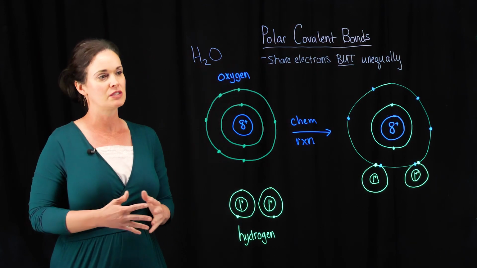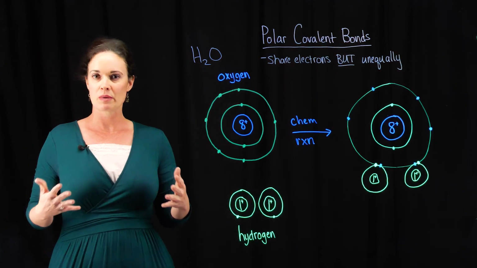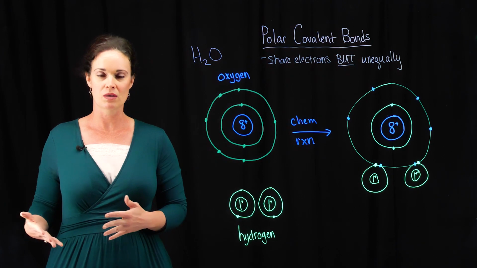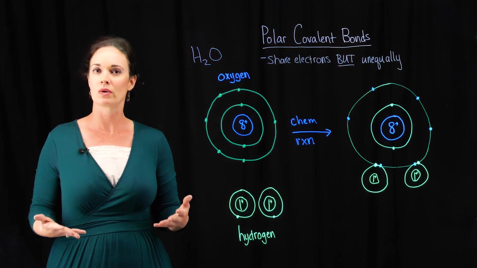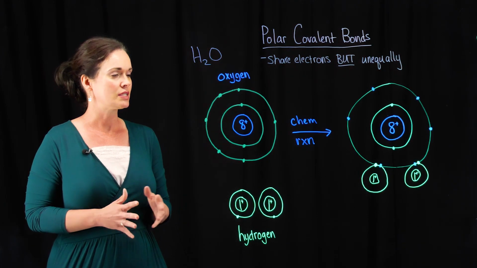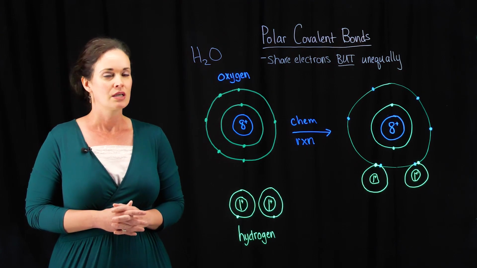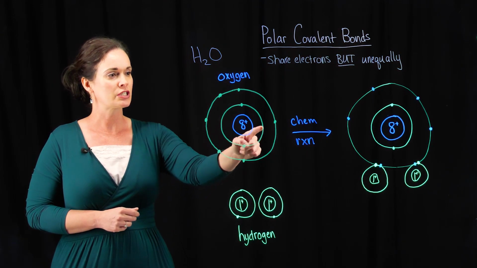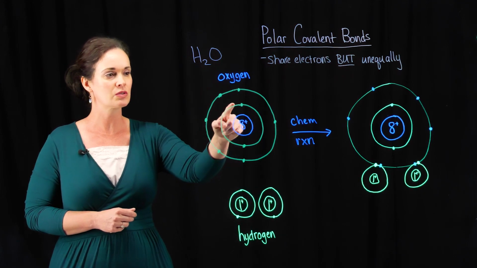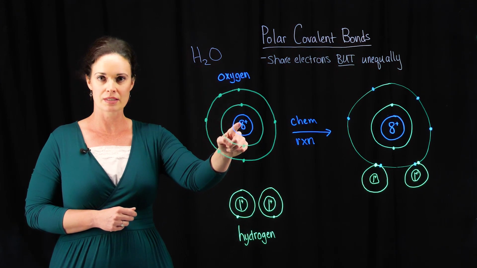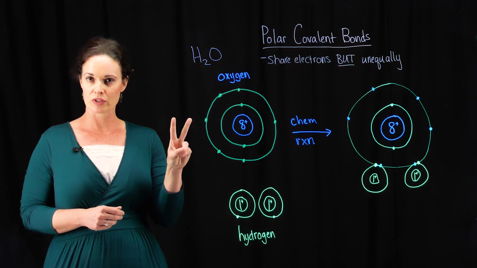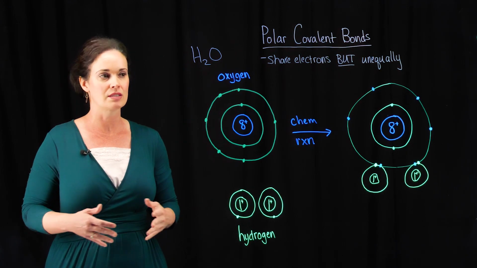But it does have a different problem. So if you guys remember from back when we learned about electron shells and how electrons are actually assigned to these electron shells or atomic orbitals, you learned that the innermost shell, the one that's closest to the nucleus of the atom, can hold a total of 2 electrons. And once it's got 2 electrons, it's full.